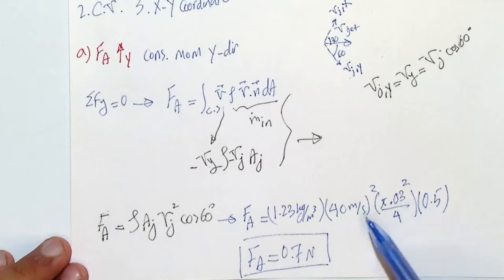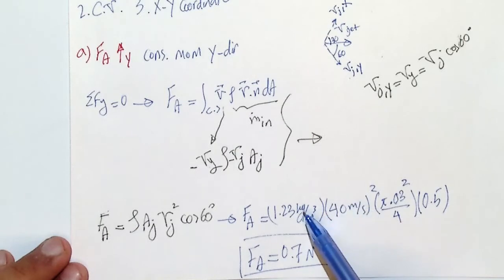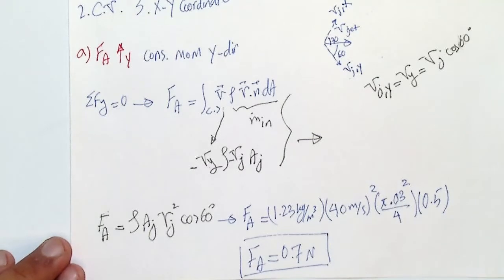One of those meters is going to cancel, and the final unit is kilogram meter per second square, which is Newton. That's why I made a mistake. Sorry guys, but the homogeneity of the units or dimension has to be Newton, and it is. So we found that FA is 0.7 Newton when the plate is stationary.